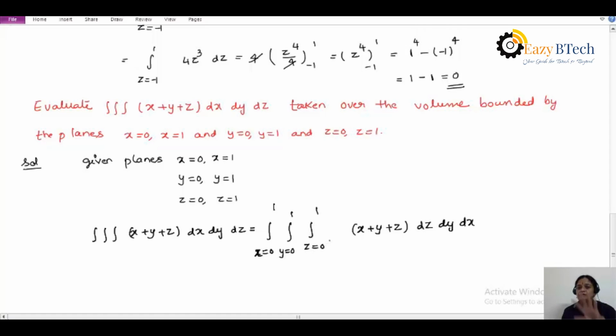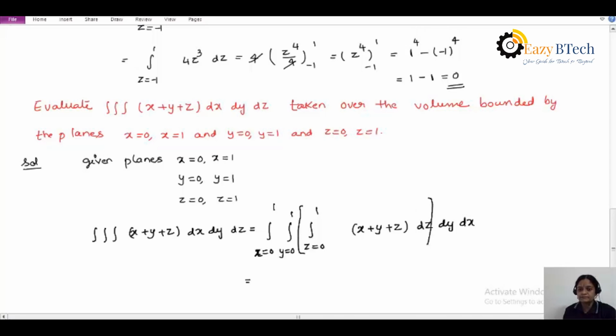See here students, three variable limits are in terms of constants only, so there is no restriction here. We may do the integration at first for z or y or x because the three variable limits are constants only. So at first I am doing integration with respect to z here.